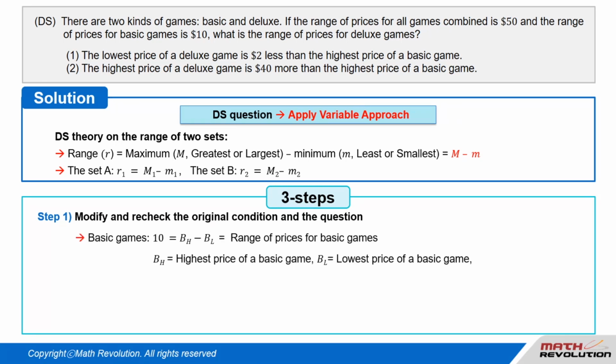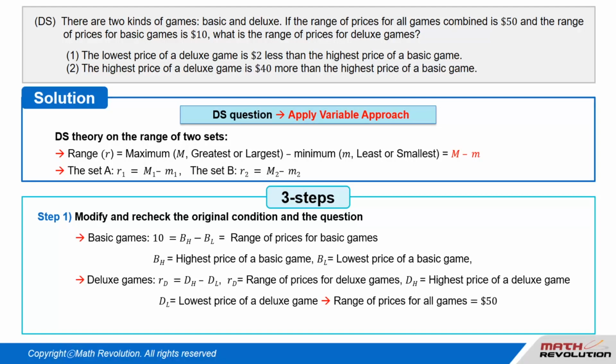So 10 equals B of H minus B of L for basic games, where 10 equals the range of prices for basic games, B of H is the highest price of the basic game, and B of L is the lowest price of a basic game.